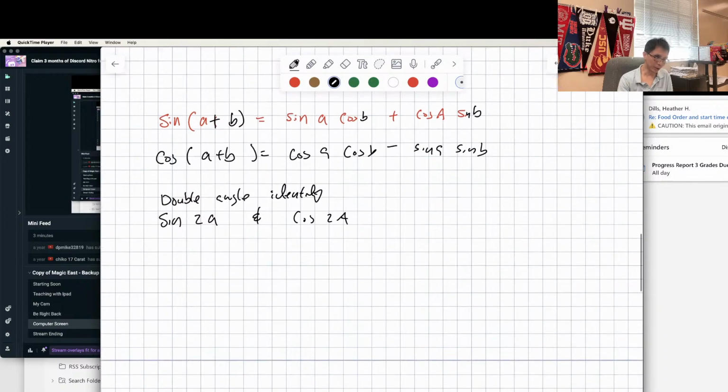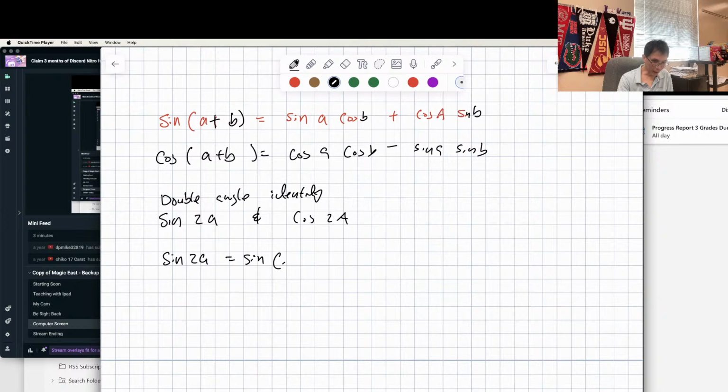Why is it double angle? Well, sine of 2a is equal to sine of a plus a, right? Because a plus a is 2a. And if I just write down sine, cosine, cosine, sine, and then you get a plus, so that's equal to 2 sine of a cosine of a.